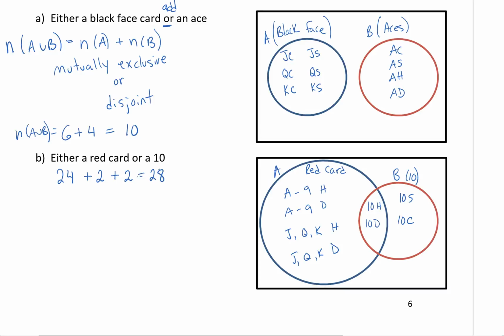The other way you would have looked at this is to take all of your red cards, so your 26 red cards, plus your 4 10s, and then subtract the 2 that we double counted to give you the 28.